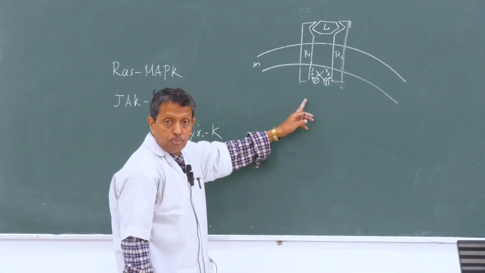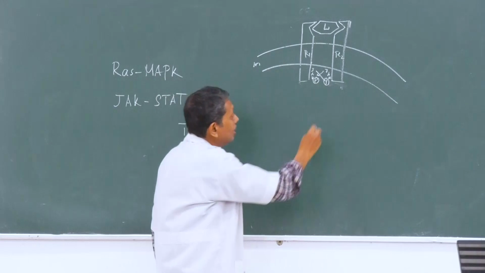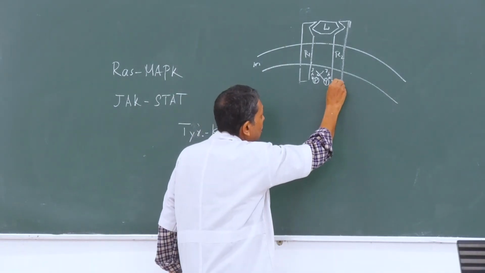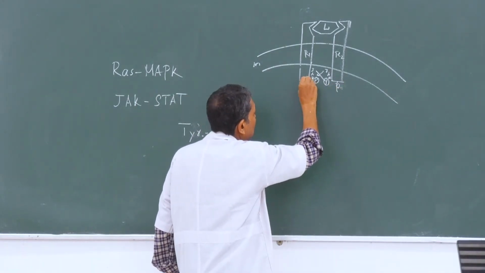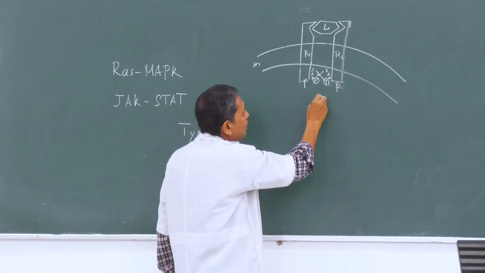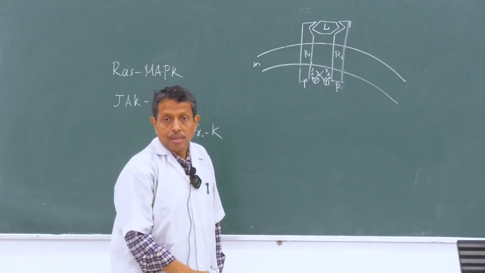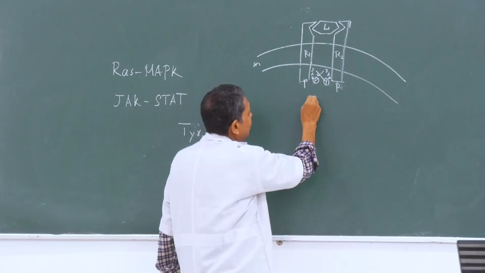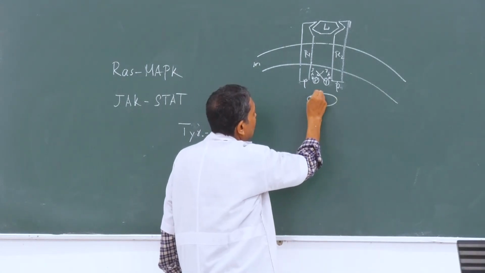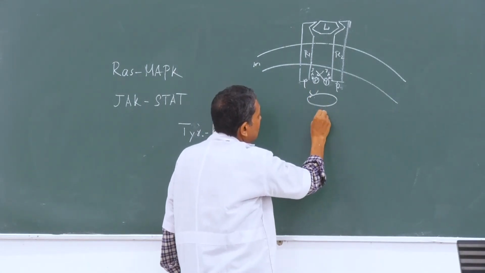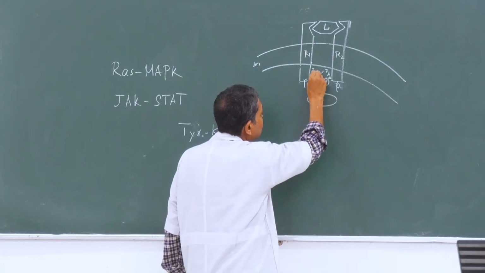And when it is produced, they will phosphorylate themselves, P, and then they will activate the STATs. Suppose it is one STAT protein, and in this case, it can bind with this.